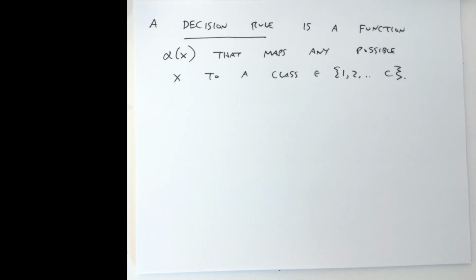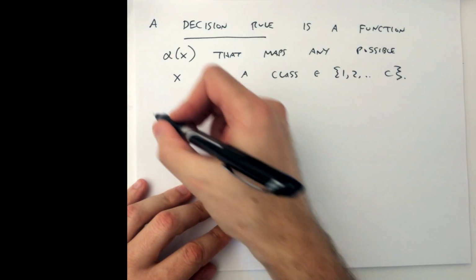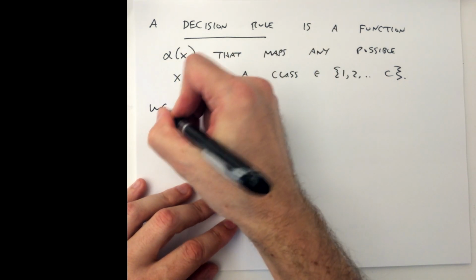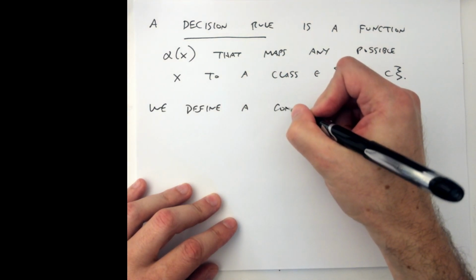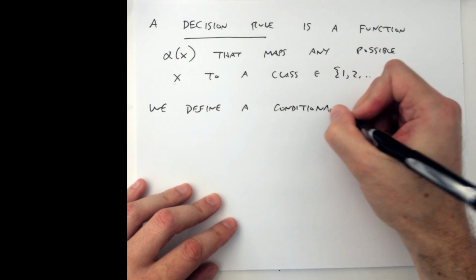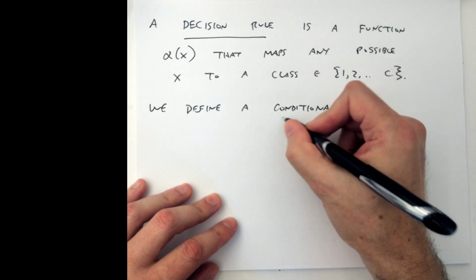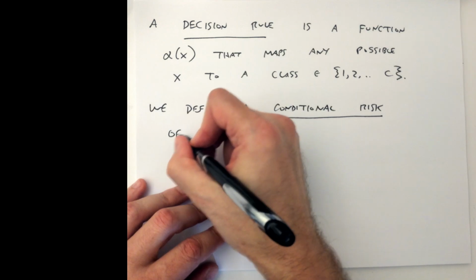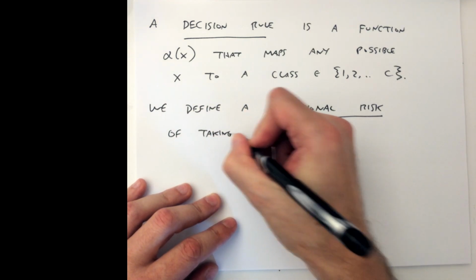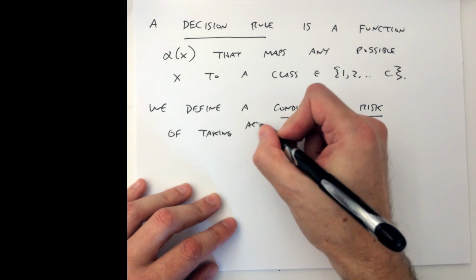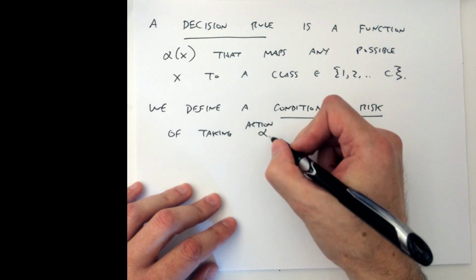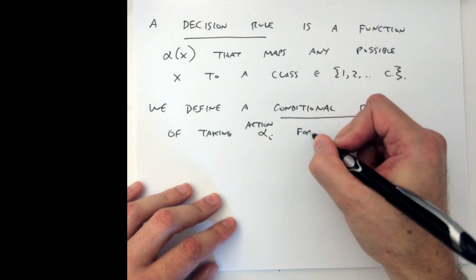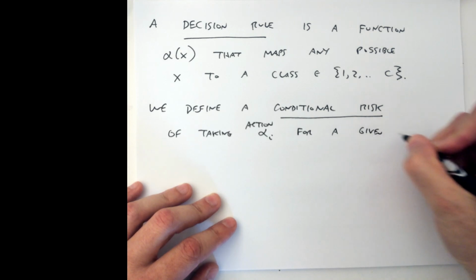So that's what I want to talk about next, what happens when we have these possible costs or risks. We define a conditional risk of taking action alpha i for a given x.